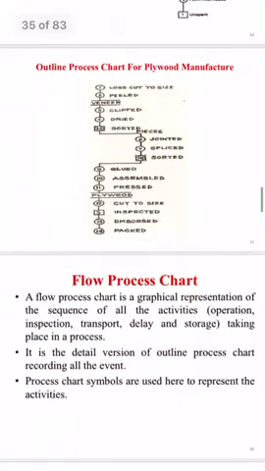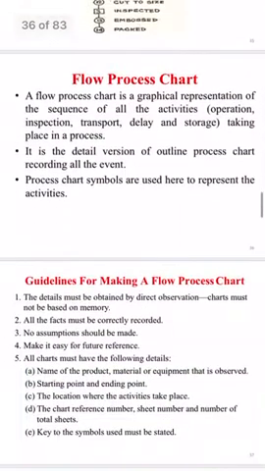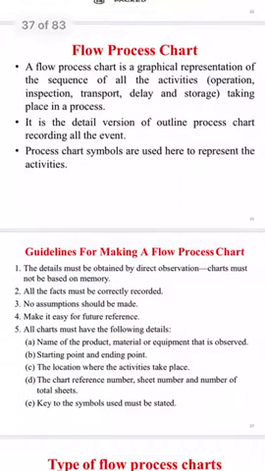Now next we will see the flow process chart. In the flow process chart, as we know, this is the graphical representation of the sequence of all the activities. In the operation process chart we recorded only two kinds of activities, those related to operations and inspection.